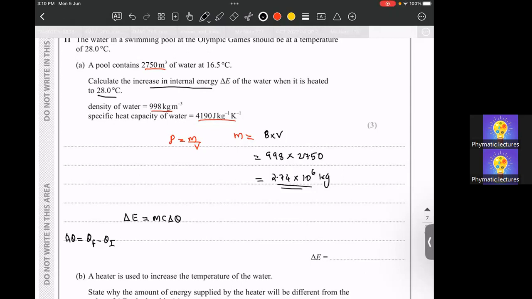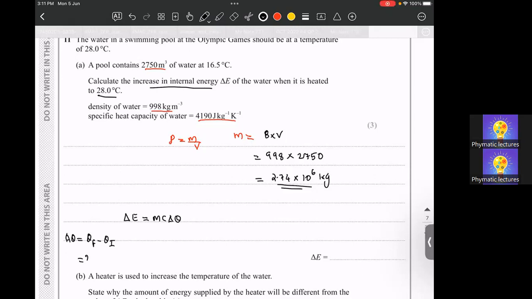And 16.5 plus 273, that is 289.5. Even if we are adding 273, the difference remains the same. You all keep that in your mind. So if we are not even converting to Kelvin, you will get the same change in temperature here in this question.